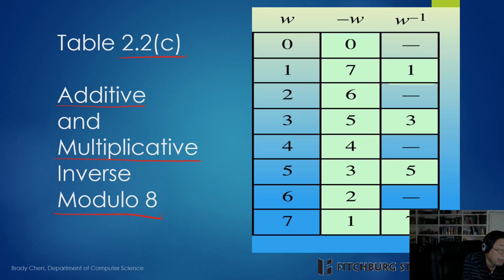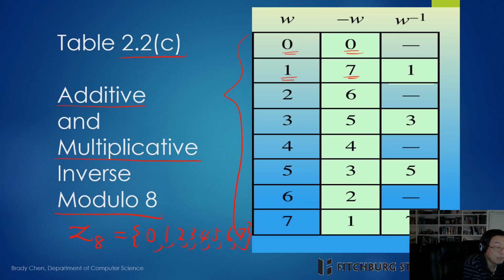The table is for the elements in Z8, the numbers 0, 1, 2, 3, 4, 5, 6, 7. So we talk about 0 to 7, right? What is the additive inverse? Every element in Z8 has an additive inverse. So 0 is the inverse of 0 modulo 8.